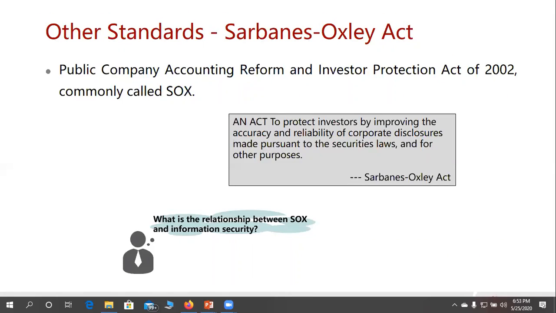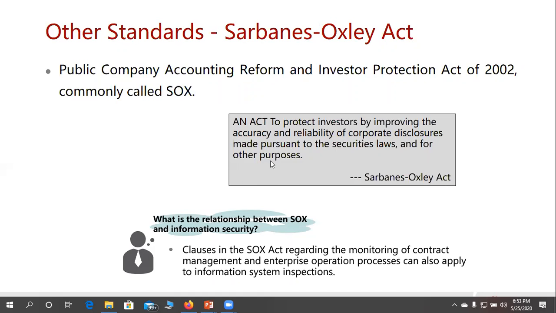So people would invest and then lose money. What this act does is compel organizations to disclose to the public their true financial standing. Very, very important act.